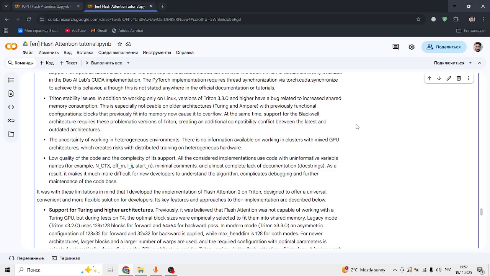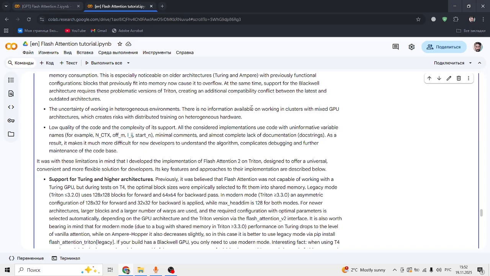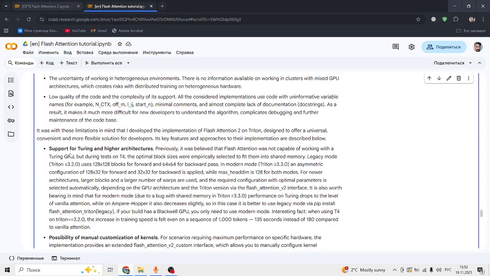So now we need to start looking at my implementations. As I said before, my implementation works with Turing support. So it has a Turing support.